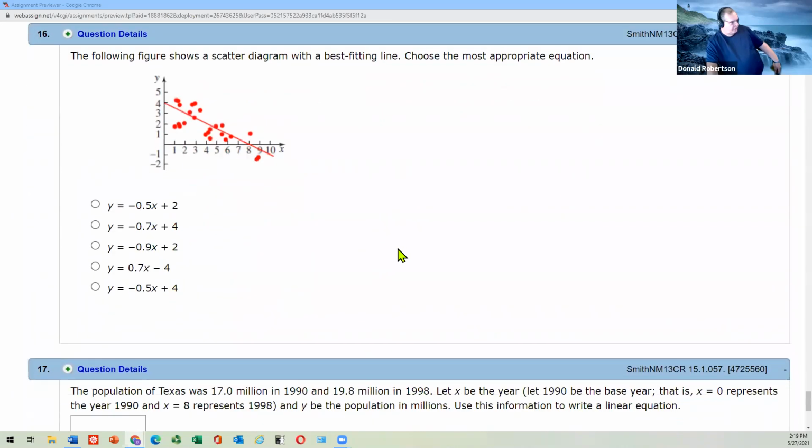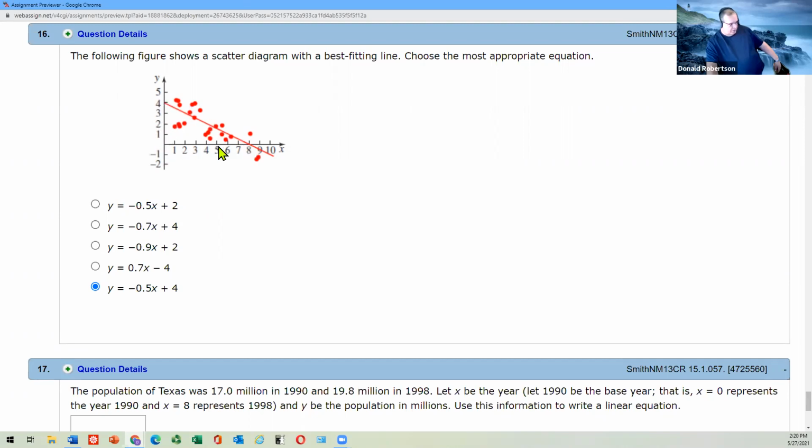Right, one last question. Let's look at this one. What number is the y-intercept? 4. And that means I'm going to pick either this one or that one. Agreed? They're the only two that finish with a +4. Now, if you look at these two, very roughly, do you see my triangle?